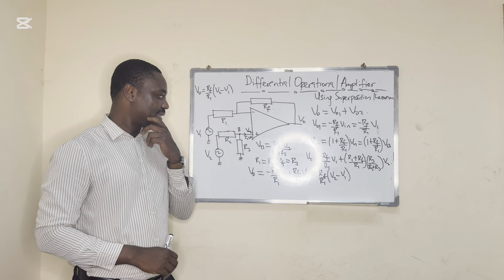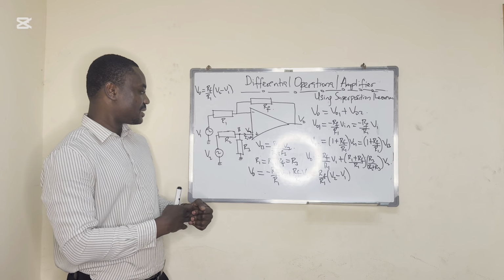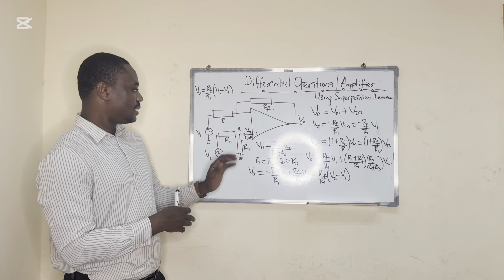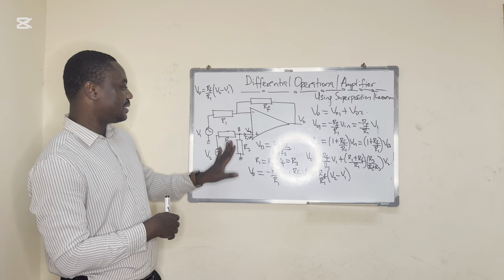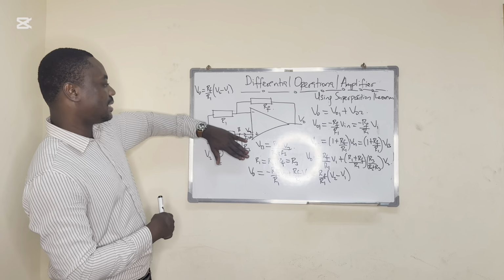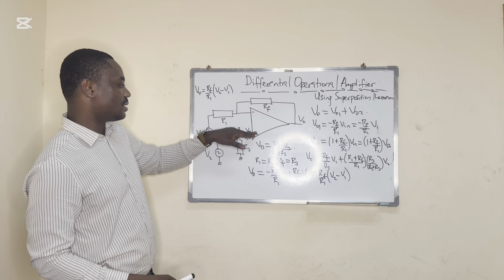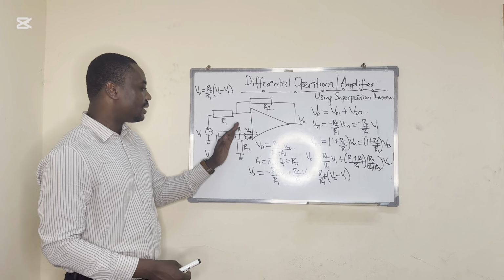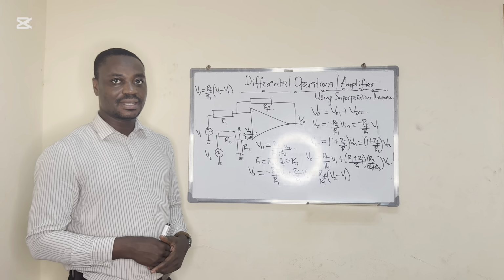And similarly, if we maintain this part, here we maintain, but then we block this part. And here we have an input signal, and when this is grounded, you can see that it also resembles a non-inverting operational amplifier.